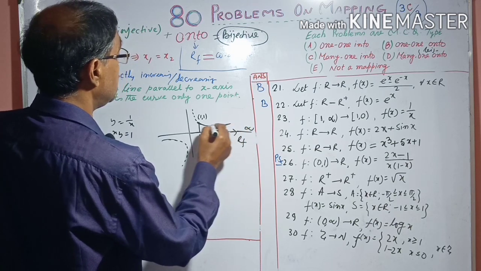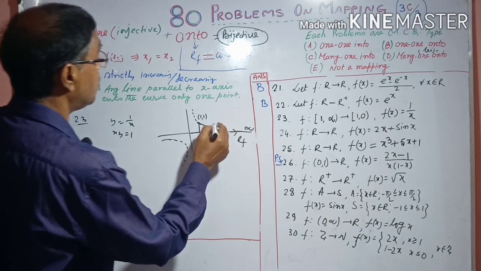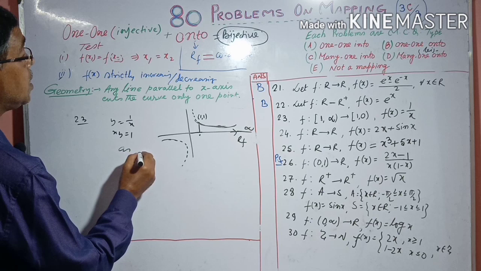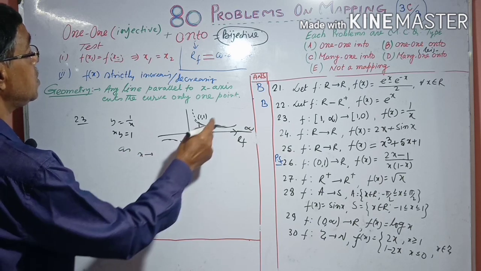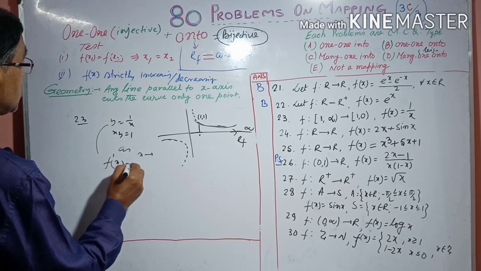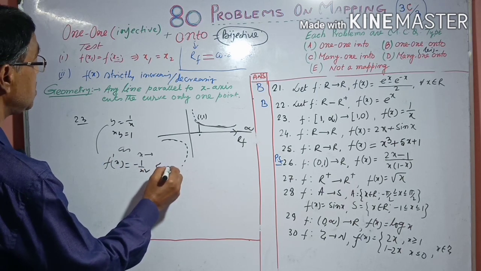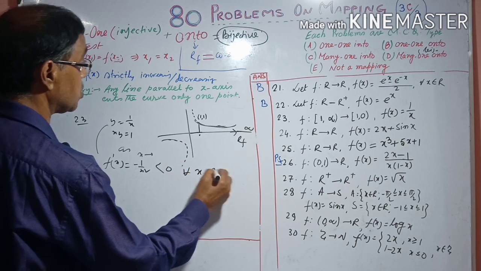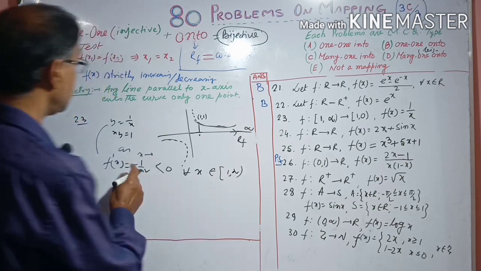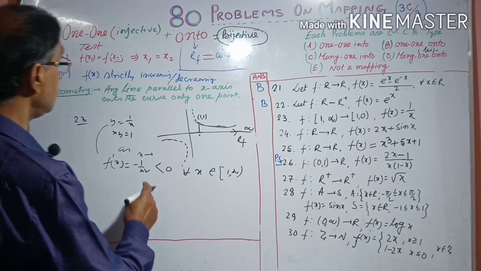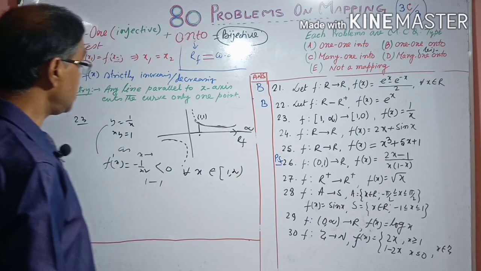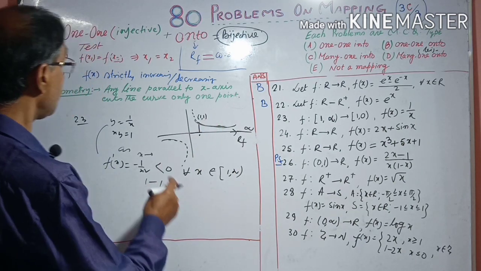It is a decreasing curve, or otherwise you can say f dash x equals minus 1 by x square, which is always less than 0 for all x belonging to (1, infinity). It is strictly decreasing, so it is one-one also, or from the graph of the function you can easily say that it is a one-one function.